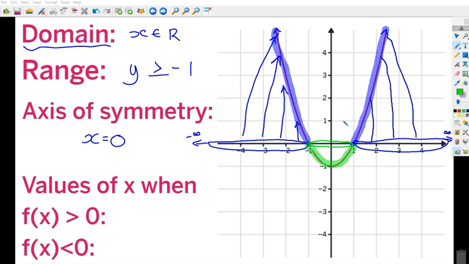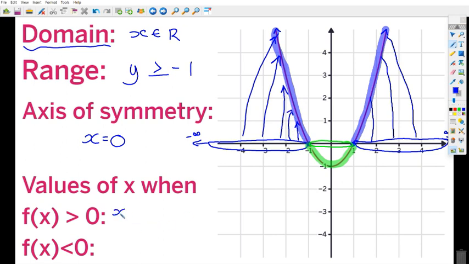It's to the left of -1. Can you see? Now my graph is above, to the left there. It's all above. So to the left means x is smaller than -1.